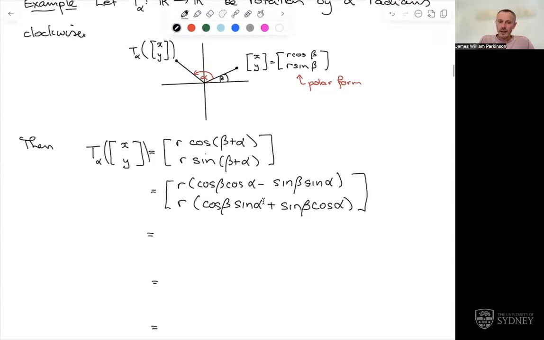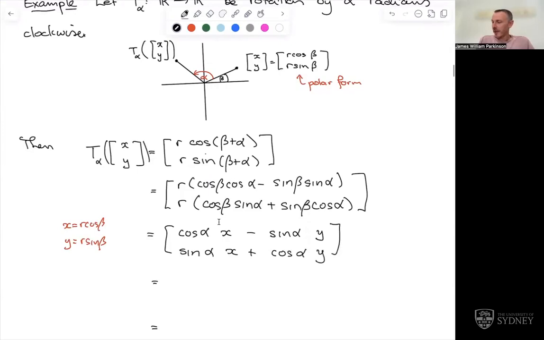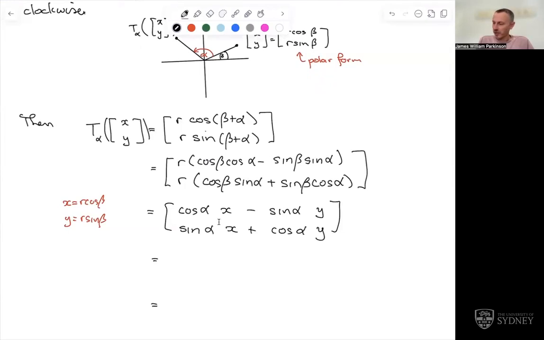And then remember that x is r cos beta and y is r sine beta. So we'll rewrite what we've got here. This is cos alpha times x minus sine alpha times y, I think, and then sine alpha x plus cos alpha y. And we unpack this as a matrix multiplication.